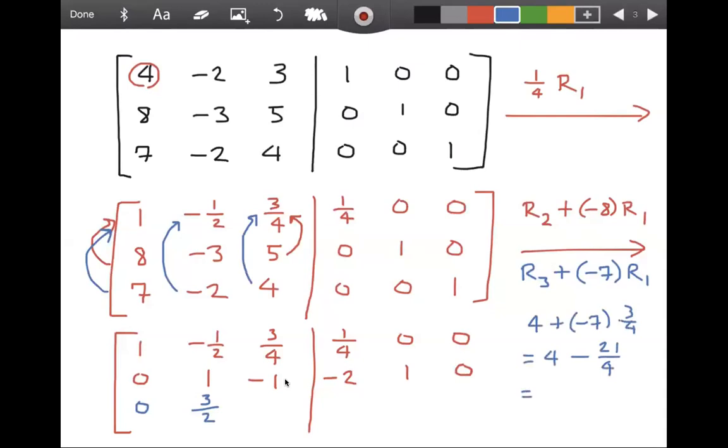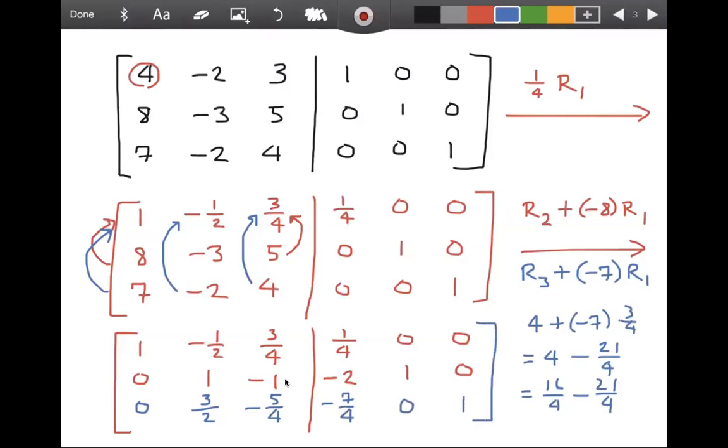So we need to think of that 4 as 16/4. 16/4 minus 21/4 is negative 5/4. You have to be super careful with these fractions. 0 plus negative 7 times 1/4 is negative 7/4. 0 plus negative 7 times 0 is 0, and 1 plus negative 7 times 0 is 1.